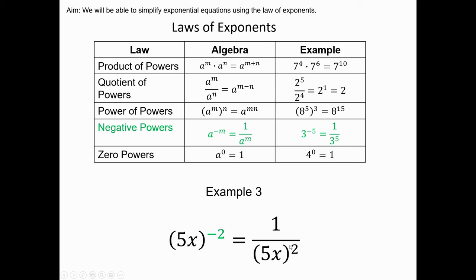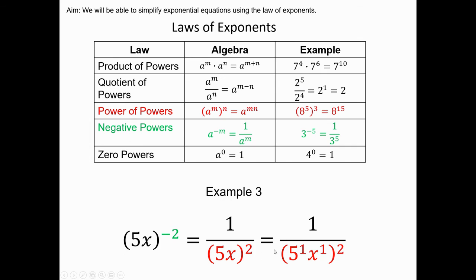This exponent is on the outside of parentheses, so it's clearly going to be a power of powers. Before we move on, we have to remind ourselves, what are the exponents of 5 and x right now inside the parentheses? They both have an invisible 1. So then all we're going to do now is distribute. We're going to multiply. Remember, that's what power of powers is, 2 times 1 and 2 times 1.